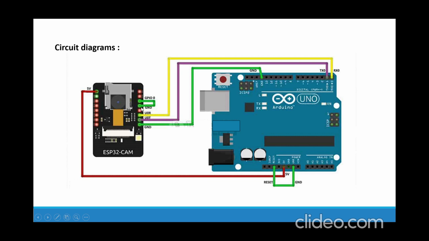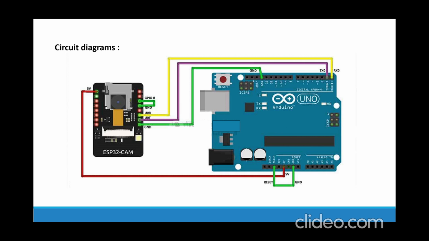Next, the ground terminal of the ESP32 cam module is connected to the input terminal, the VOR terminal is connected to the RX terminal of the Arduino Uno, and the VOT terminal is connected to the TX terminal of the Arduino Uno. Next, the ground terminal of the cam module is connected to the ground terminal of the Arduino Uno. So this is the integration of the ESP32 cam module.